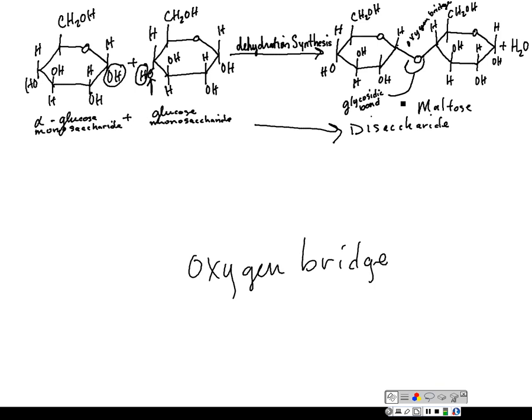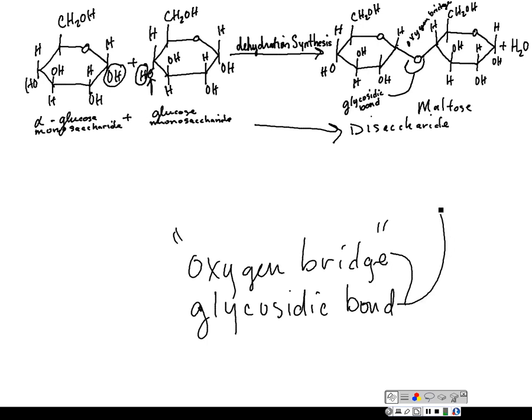So that's a characteristic bond that we'll find in carbohydrate molecules. Glycosidic bond. So we said this is the common name, this is the chemical name for that bond.